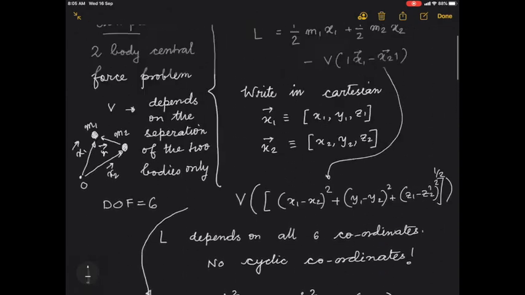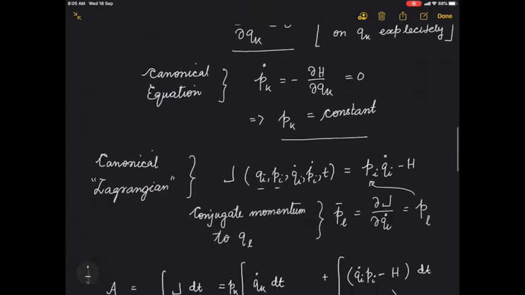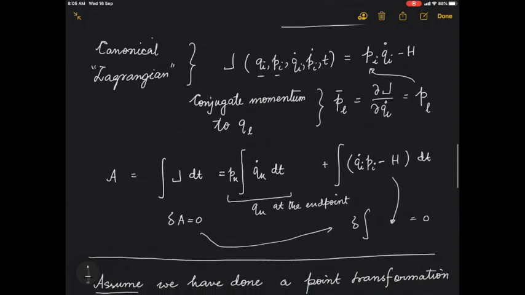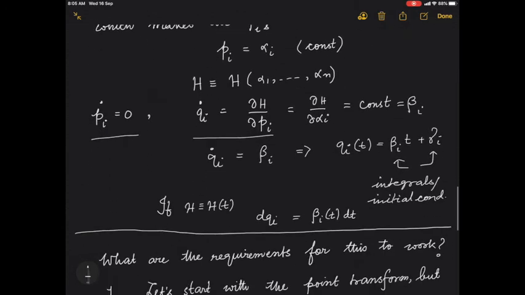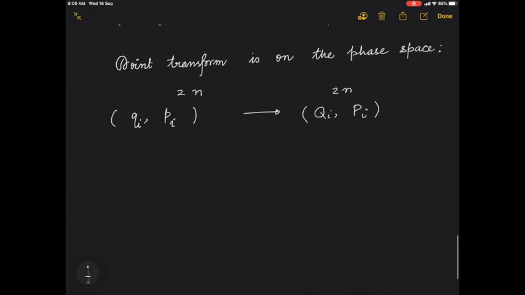When I showed originally the point transformation, we did not write any Qi's because we are doing Lagrangian mechanics there. But I also have a canonical Lagrangian, so I can do a point transformation for the coordinates of the canonical Lagrangian, which is what I have just written here. So the point transformation is happening in this space.